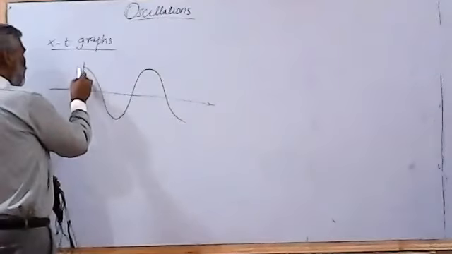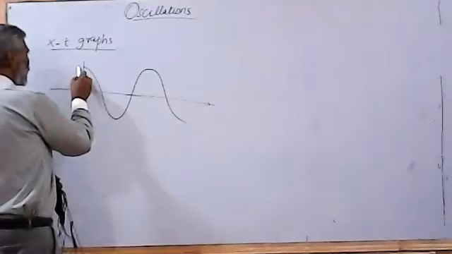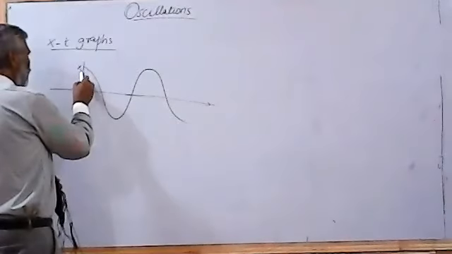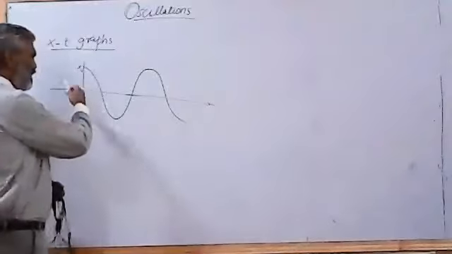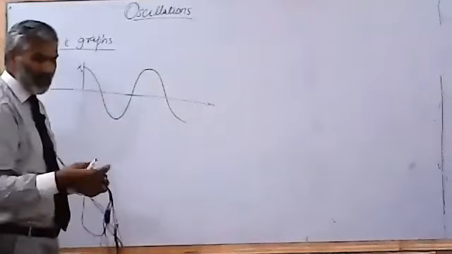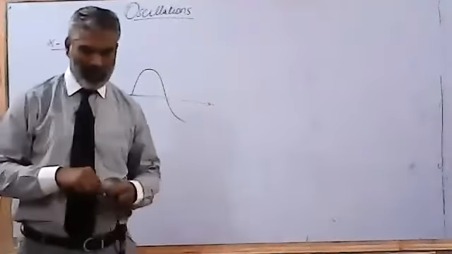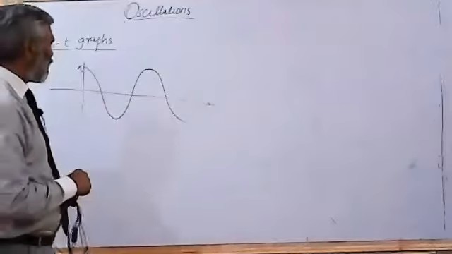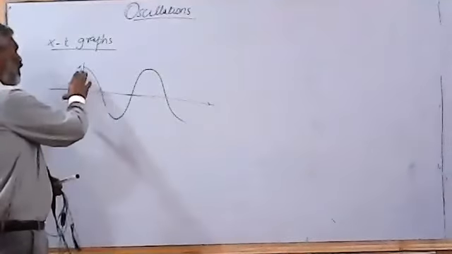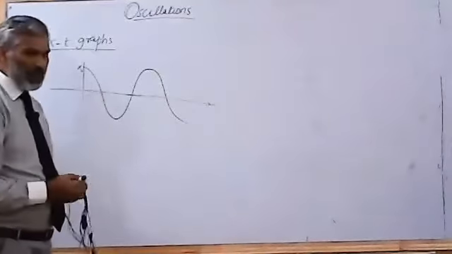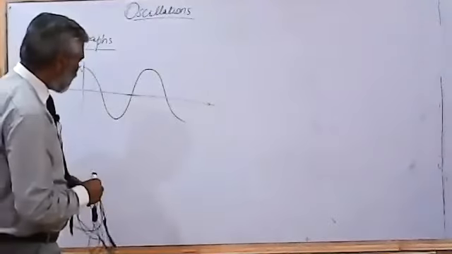That means it is already at some non-zero value of displacement, and that is the maximum during its oscillation. So maximum displacement during the oscillation is amplitude. That means if we have a graph of this type, we readily understand what is the amplitude of the oscillation.